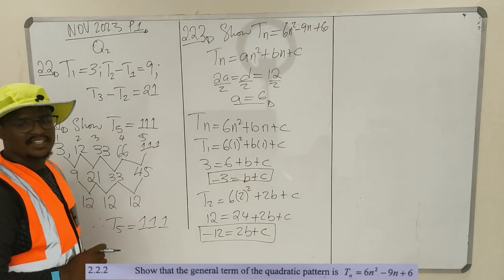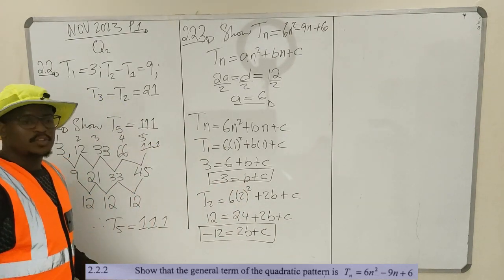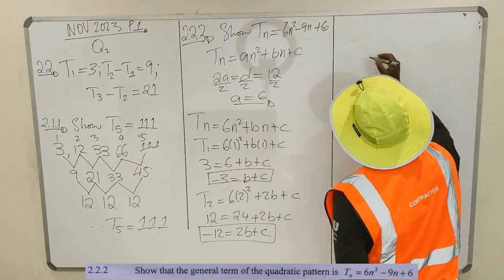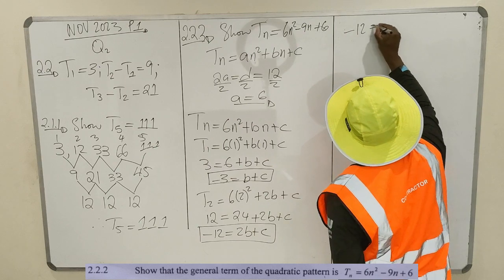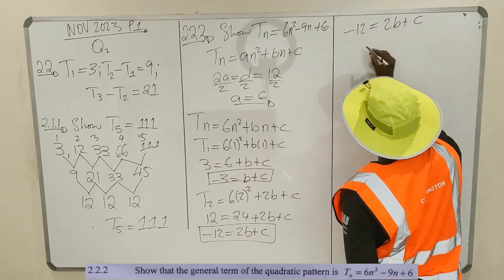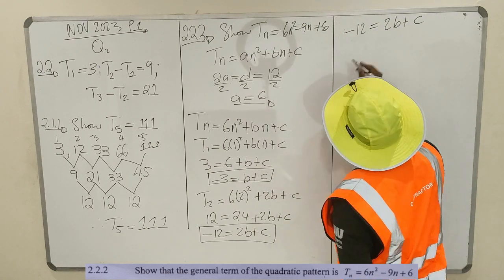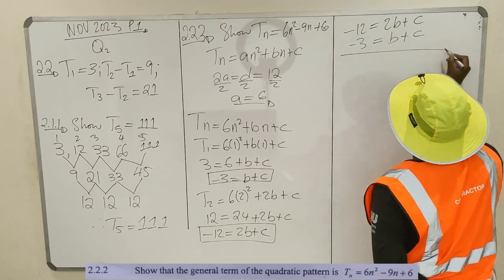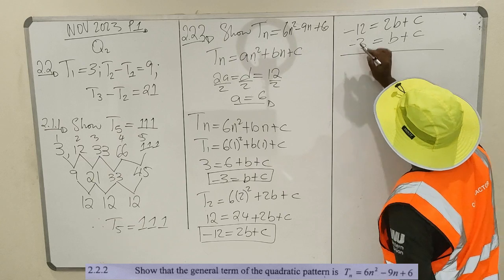You can solve them simultaneously using substitution or elimination. I like elimination better. So minus 12 equal to 2b plus c, and the other one is minus 3 equal to b plus c. Then we eliminate by subtracting.